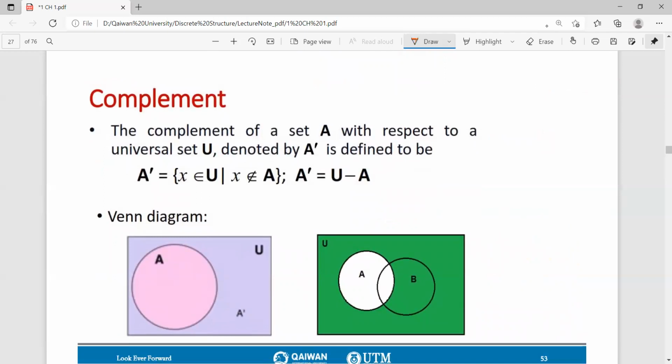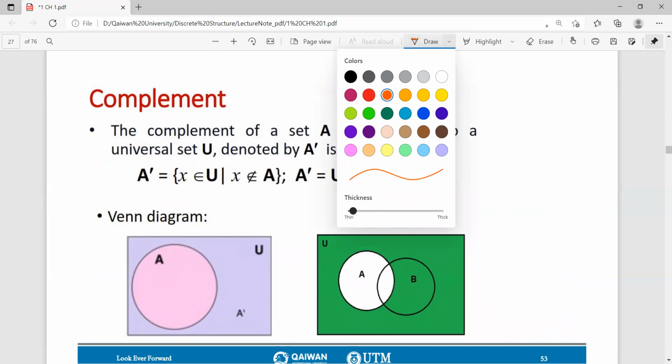Now you have complement. The complement of A is noted by A prime. In some resources, it's noted by A to the power C. This is A complement. In some resources, it's written like this. But here, we are going to write it as A prime.